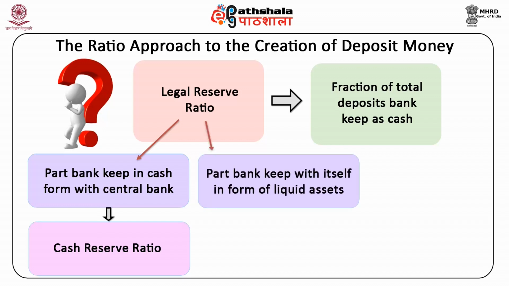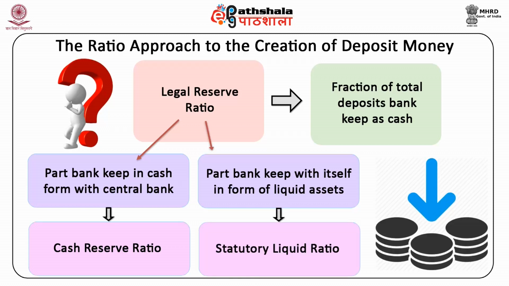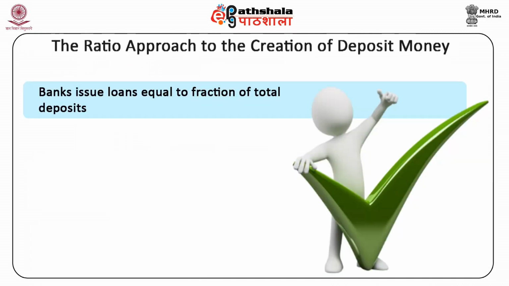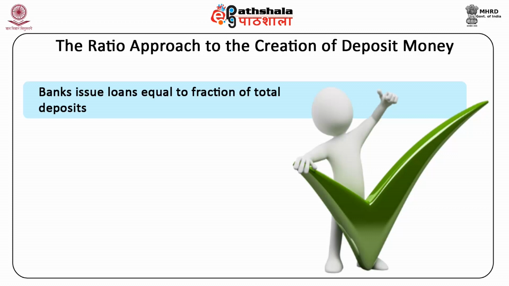The other part which a bank has to keep with itself in the form of liquid assets is called statutory liquid ratio, that is SLR. It means that banks can issue loans equal to a fraction of total deposits they receive.